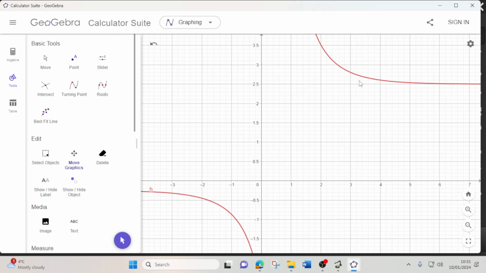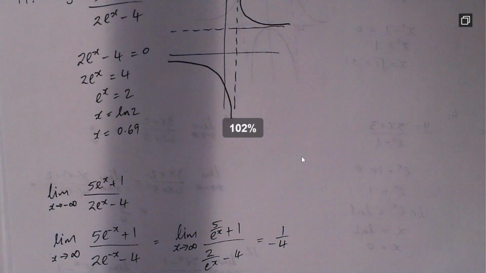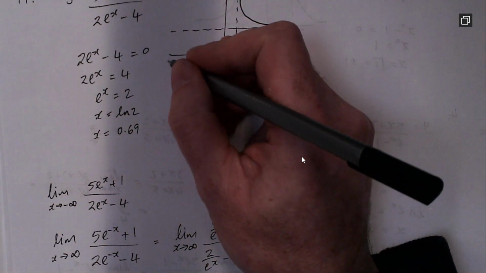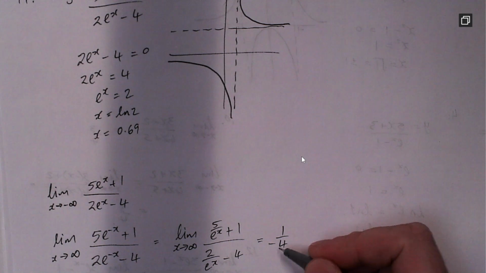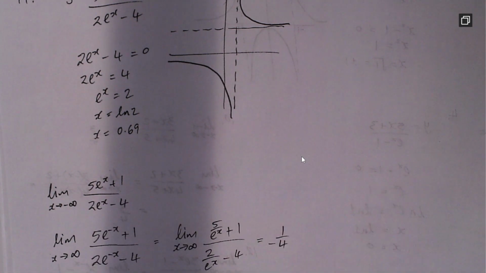On the other side the asymptote is 1 over minus k, so minus 1/4 because of the exponential function.